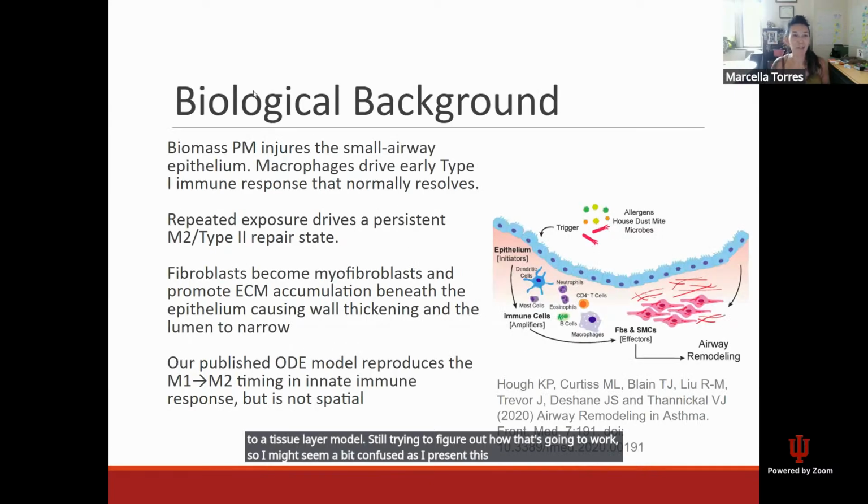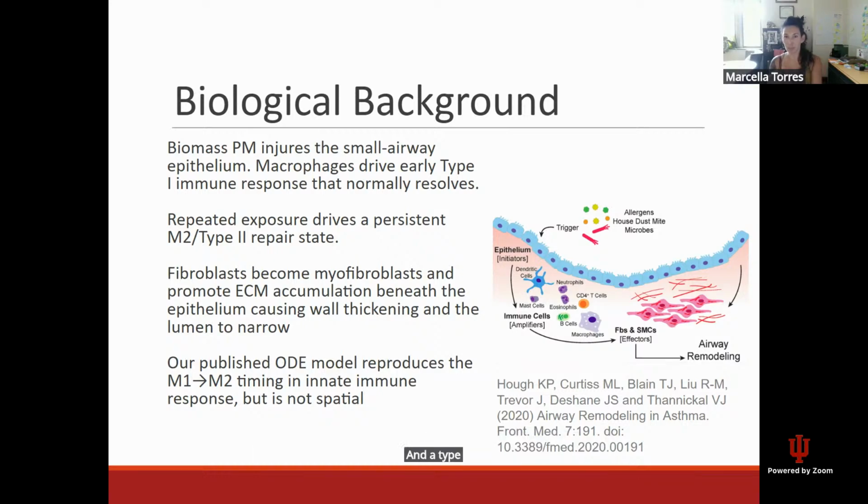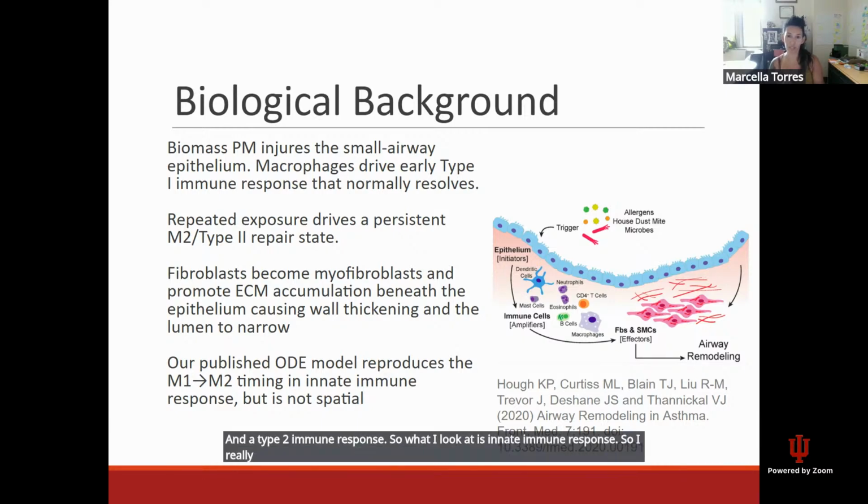But basically the background here is the inflammation has sort of a type 1 and a type 2 immune response. So what I look at is innate immune response. So I really focus particularly on macrophages, which is a type of immune cell that performs different functions ranging from responding to pathogens and injury to helping repair and build up tissue.